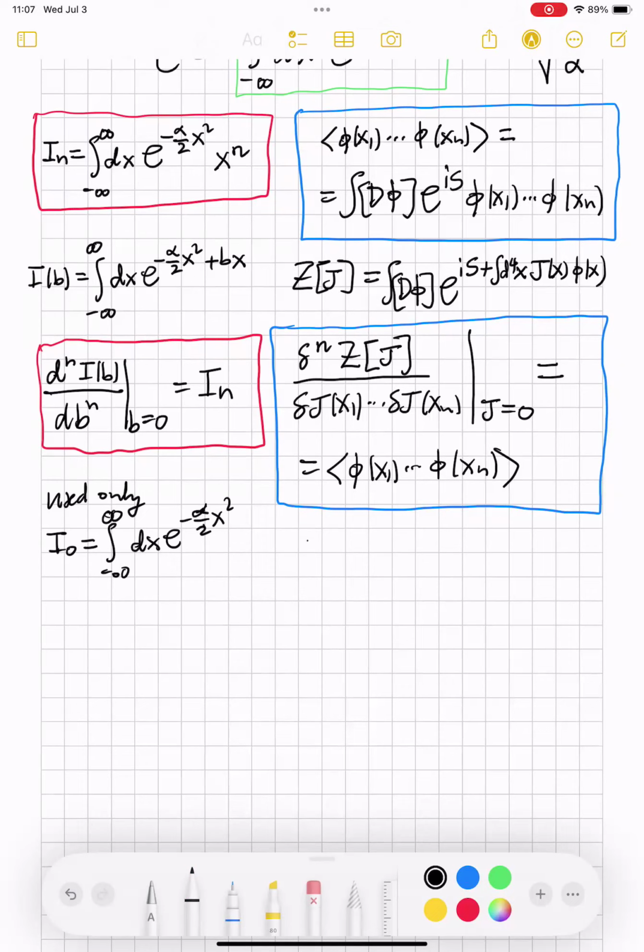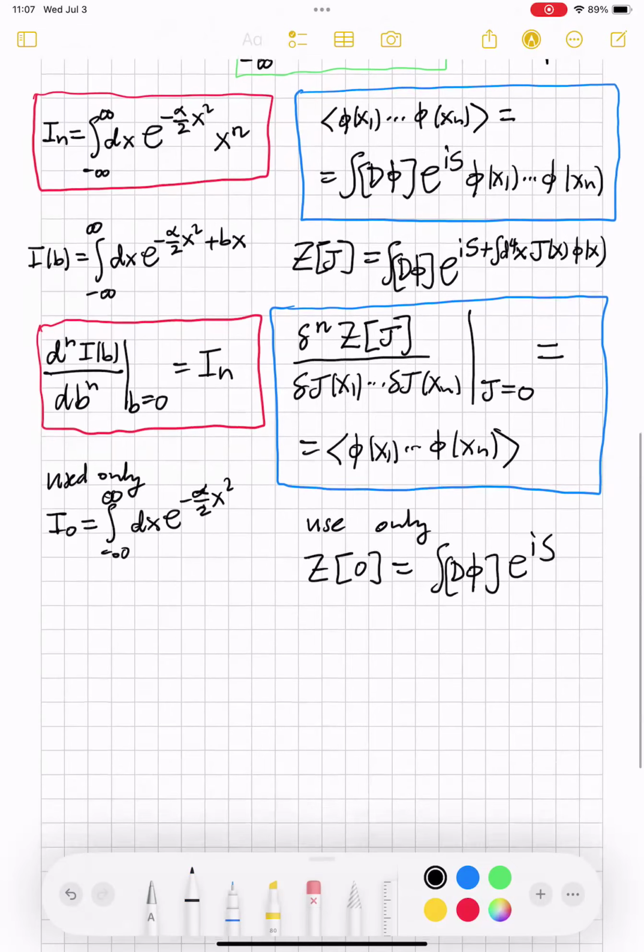Here too, we will see that we'll be able to calculate Z of J using only Z of naught, which is the integral d phi e to the iS. So we're going to get a perfect matching of the logic.